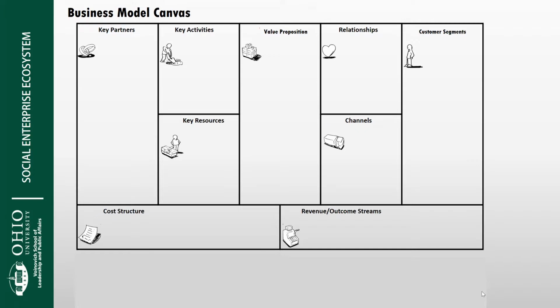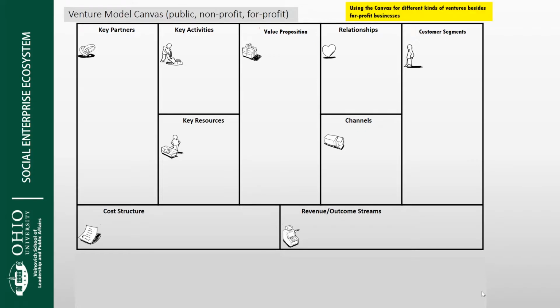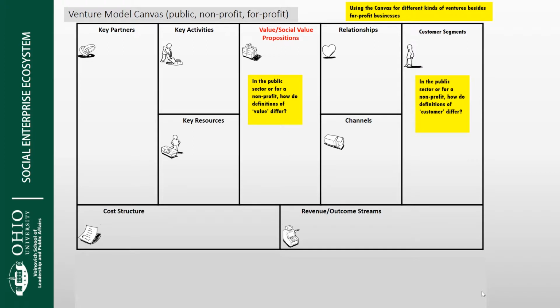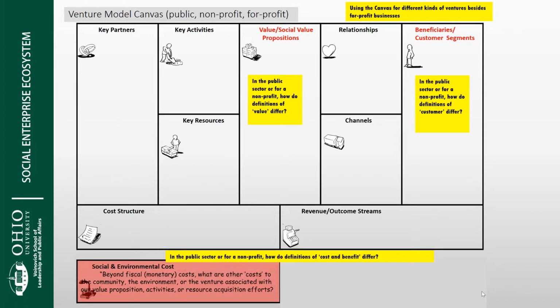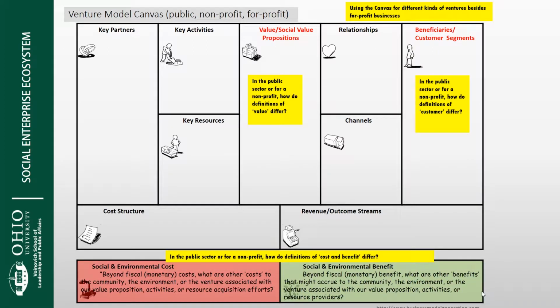The Beneficiary School's social enterprise team modified this model for application to the social enterprise and public sector by redefining value proposition as a social value, customers as beneficiaries, and most importantly, adding a double bottom line to the cost benefit section, underscoring the importance of social and environmental costs and social impact benefits of enterprises that are mission-driven and of public projects intending to have significant social impact as well as fiscal sustainability.